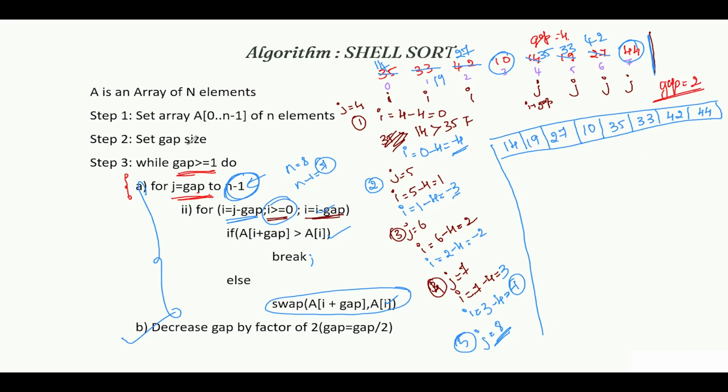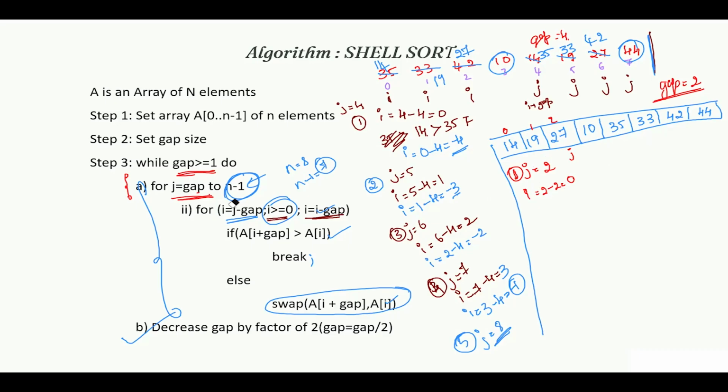So once again we will follow the same thing. So what is going to happen now? Once again j value. So initially j value is going to be nothing but gap. Gap is nothing but 2. So this is 0, 1, 2. My j value is going to be here. I value is going to be 2 minus 2, which is nothing but 0. Why 2 minus 2? Because it is j minus gap, as you can see here.